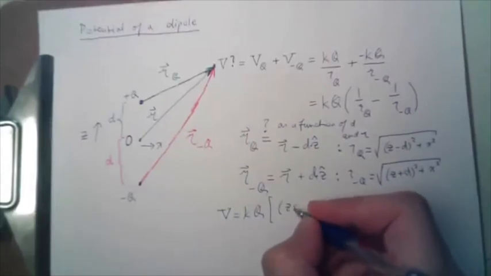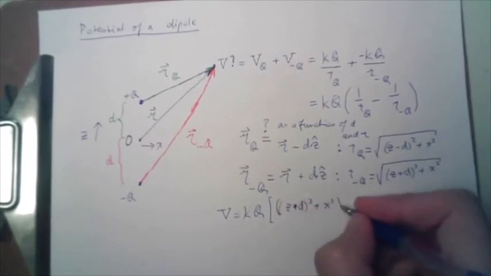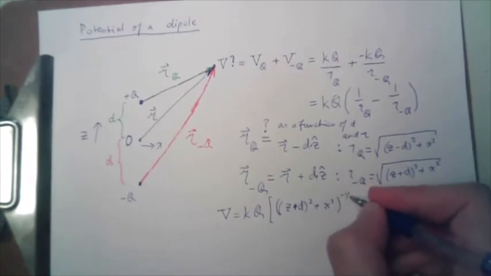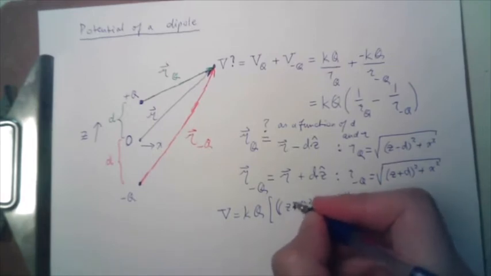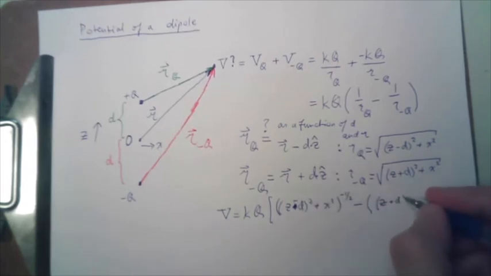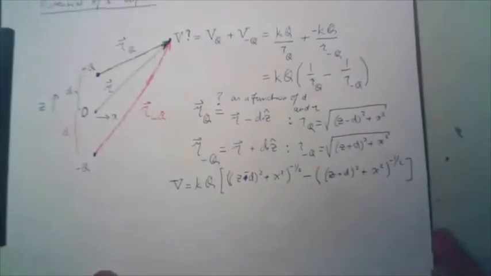So (Z plus D) squared plus X squared, to the minus 1/2, minus, okay, other Z, I'm sorry, messing up my signs, minus. So that's the potential in all its glory.